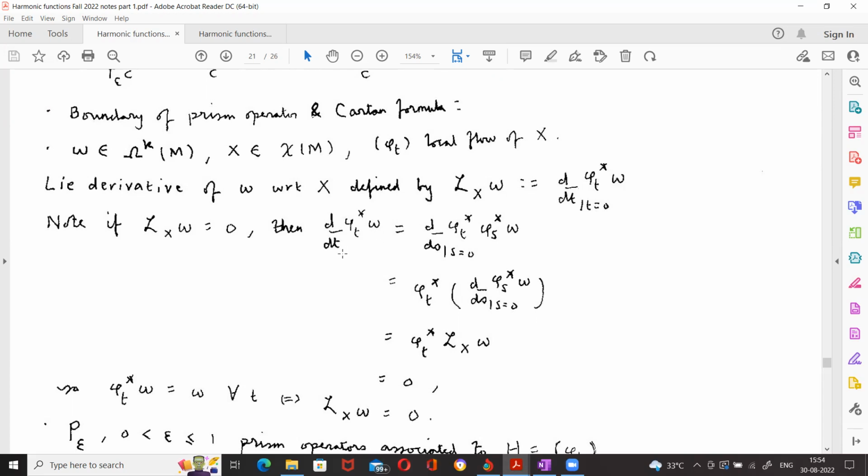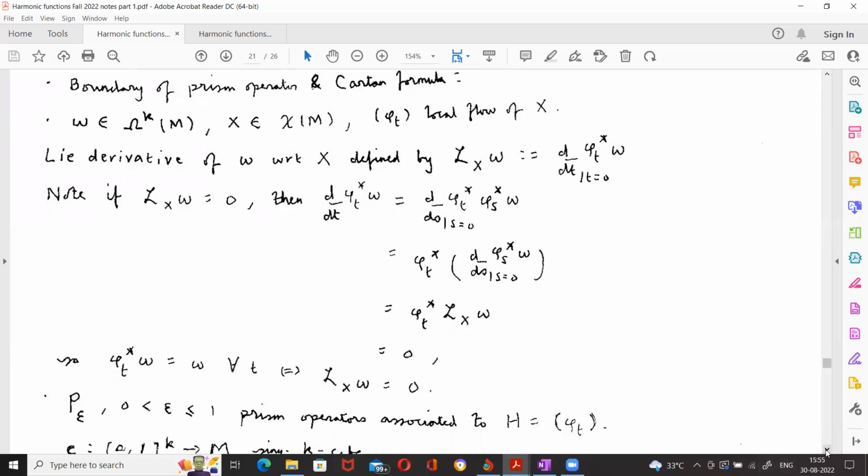And the point is that the Lie derivative is 0 if and only if the k-form omega is invariant under the flow. That means phi_t star omega equals omega for all t, if and only if L_X omega is 0. You can just check this calculation. It's an easy calculation. I'll omit it for lack of time.